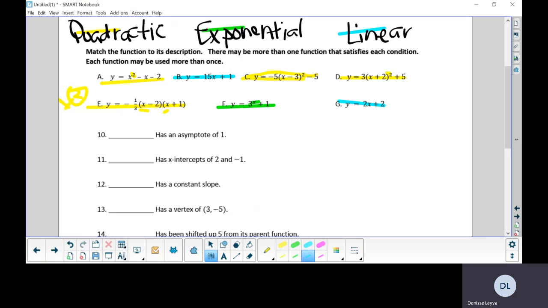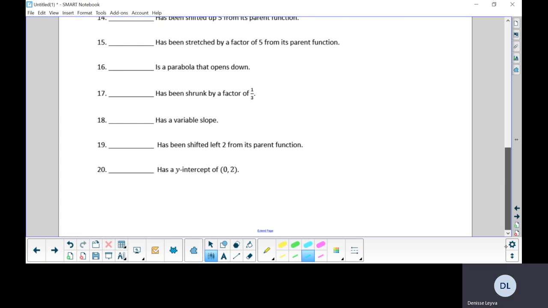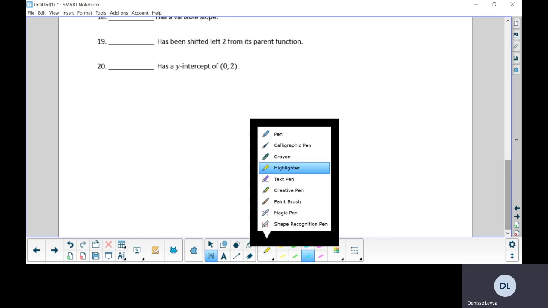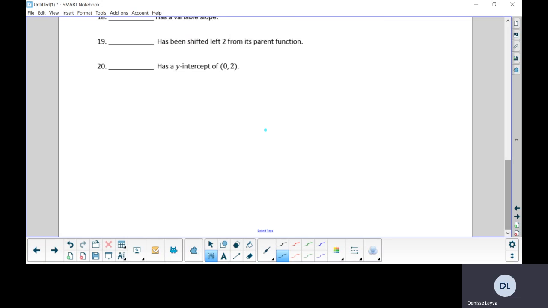Now we have to remember all the different types of functions and descriptions when we have a function. This is just a side note right here. For exponential functions, those are the only type of functions that will have an asymptote.